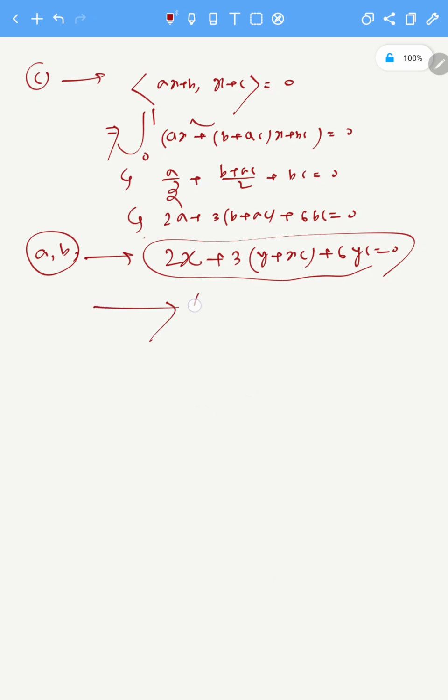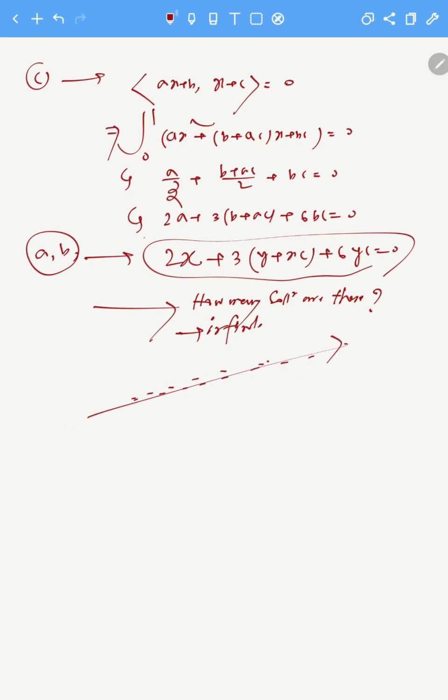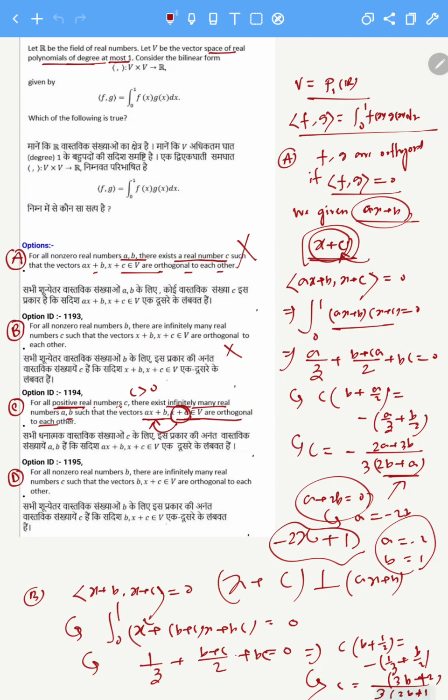How many solutions are there? It is infinite, because on a line all points are solutions for this equation. All points a and b will be such that these two vectors are orthogonal to each other. So there exist infinitely many real numbers, so it is true.